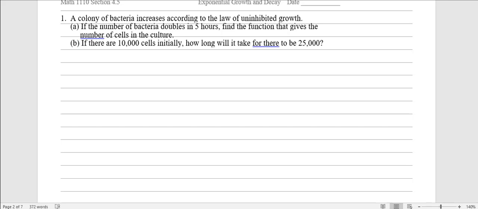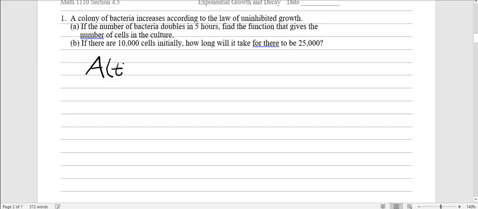Now what we find in reality is that nothing can grow uninhibited. So there's always something that eventually inhibits growth. So usually these models are only realistic for a portion of time, but that doesn't matter for us here.